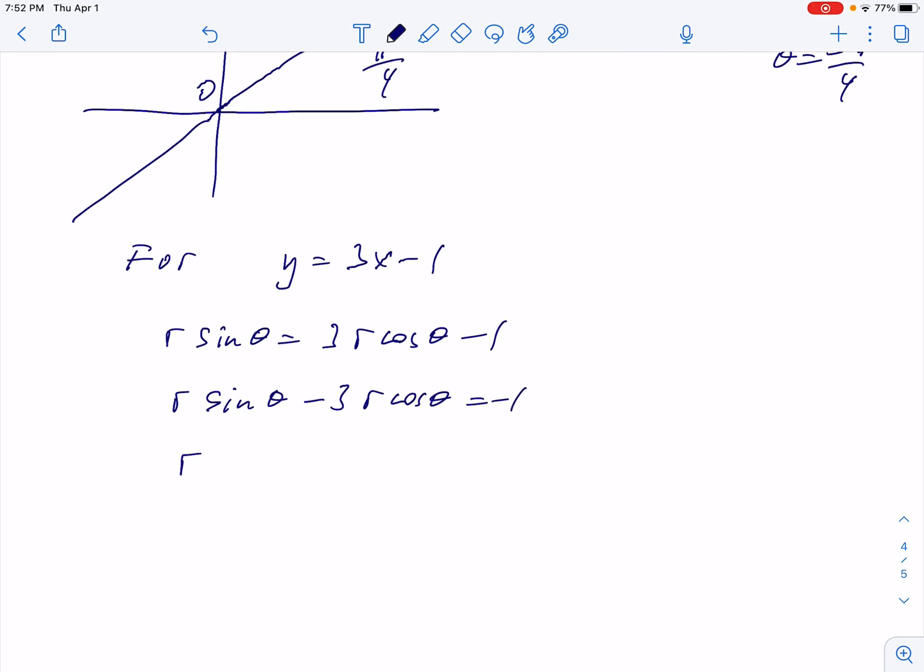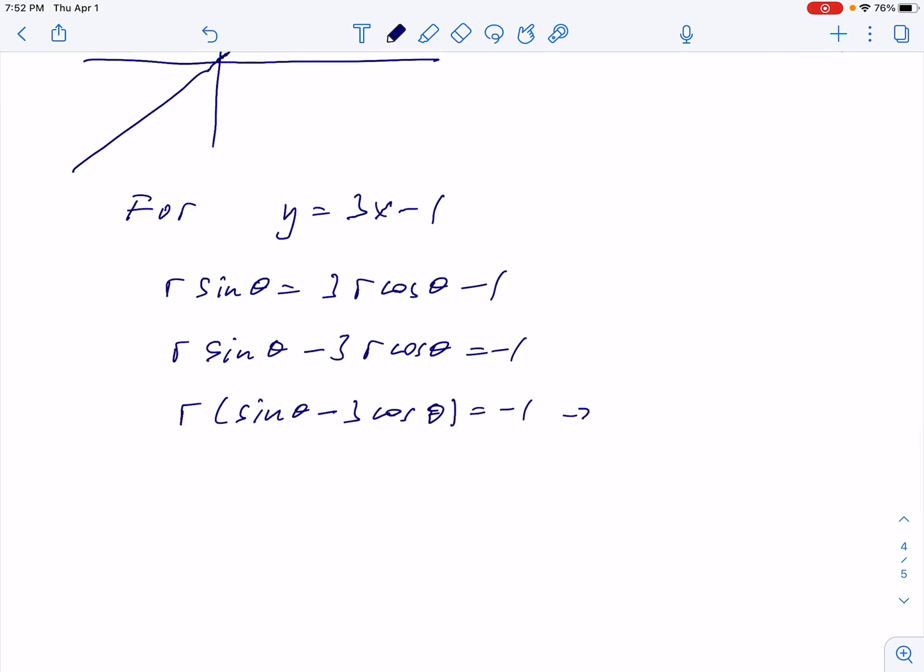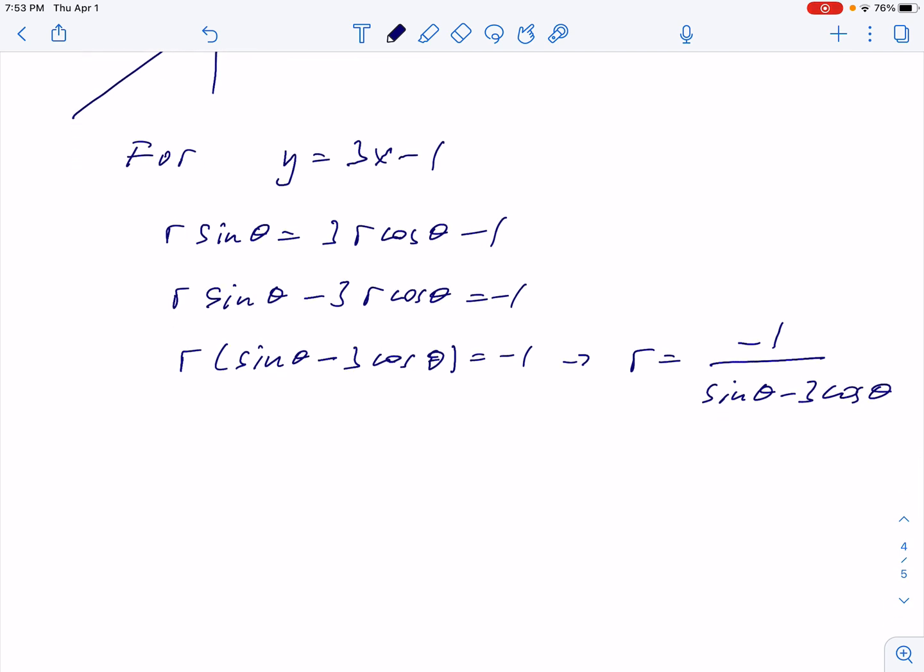We can factor r, and this will be r times (sine theta minus 3 cosine theta) equals negative 1. And from here, r equals negative 1 over (sine theta minus 3 cosine theta). We can make it a little bit simpler if we multiply top and bottom by negative 1 and write r equals 1 over (3 cosine theta minus sine theta).